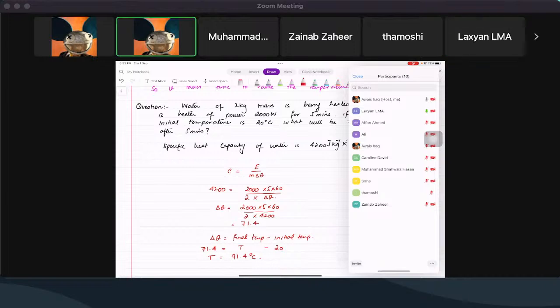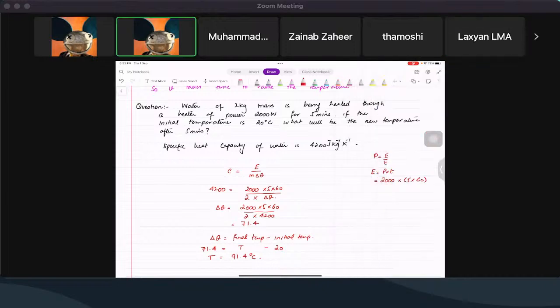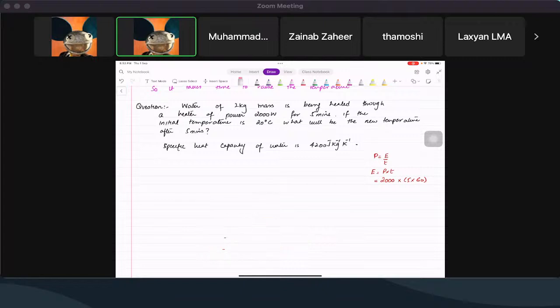Yeah. So what you need to understand is that whenever heat capacity is given to you, you need to look at the formula and see what things are missing. So we have C equals E over m delta theta. That's the formula.